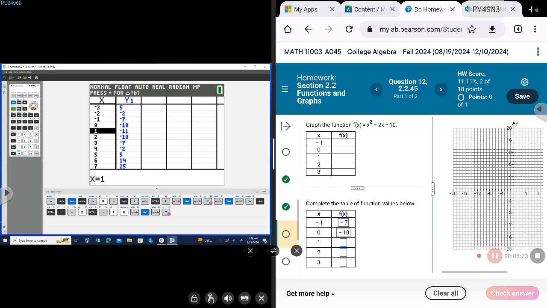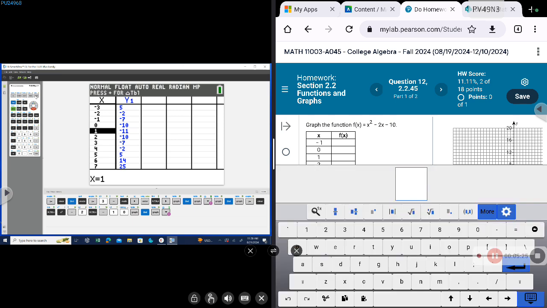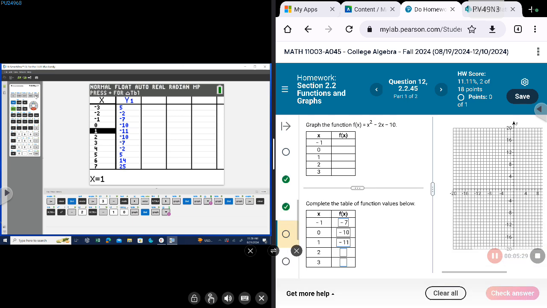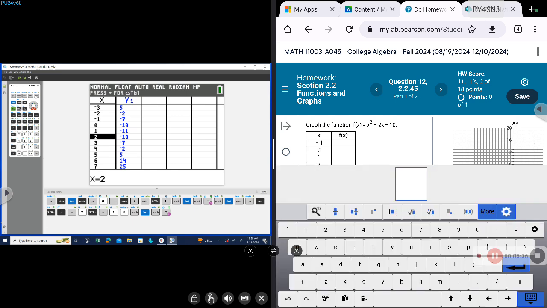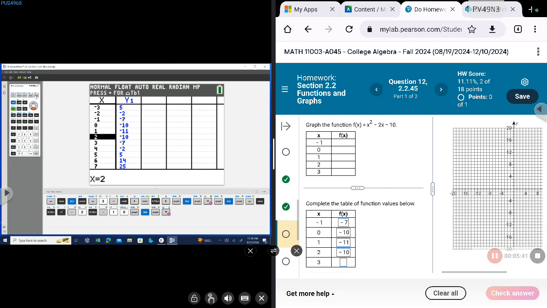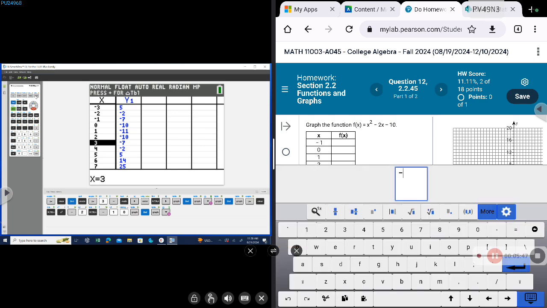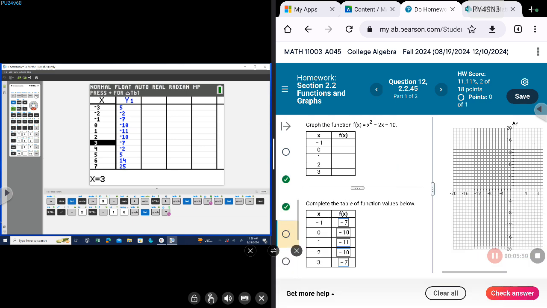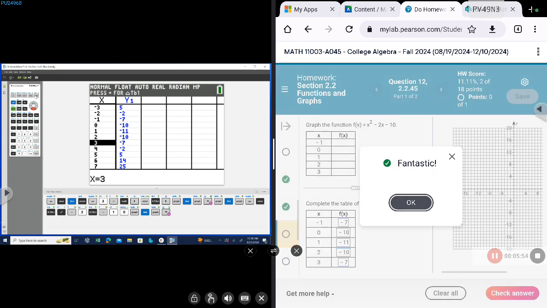Inputting a 1, that gave me negative 11. Putting in a 2 gave me negative 10. And putting in the 3 gave me negative 7. Complete your table. Check your answer. Fantastic.